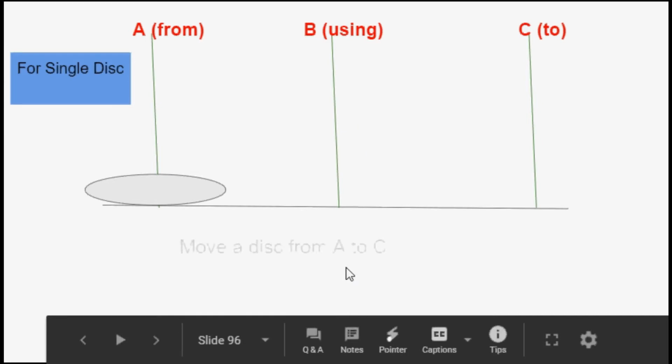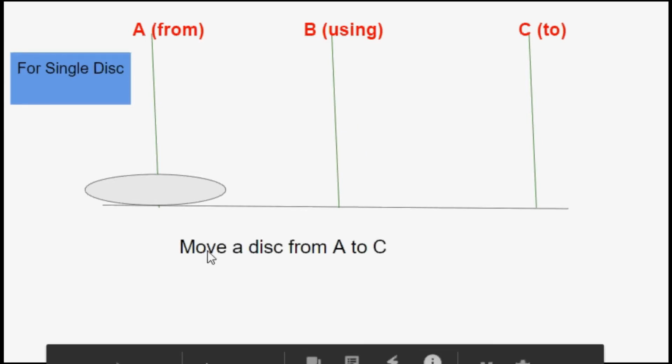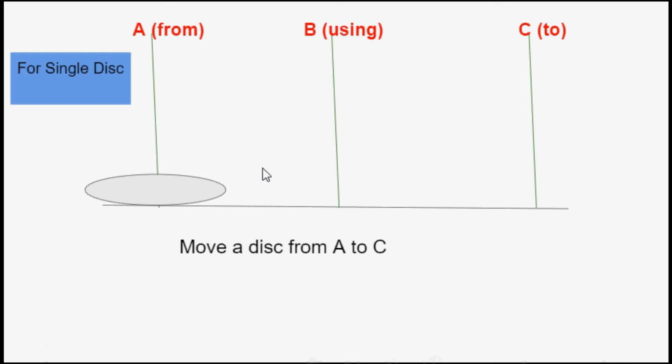So what I'm going to do is move the disk from A to C. Simple. Why? Because here there is only one disk, so I'm not violating the rule that we can take out one disk from a tower at one time. Since there is only one disk, we are going to make that transfer only.